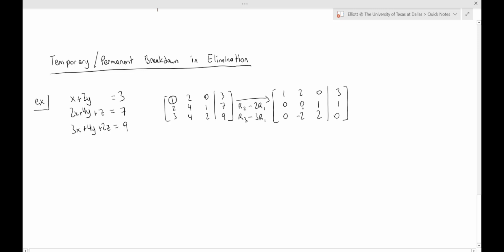So when you get a 0 in a pivot position, your textbook refers to this as a breakdown in the elimination process.